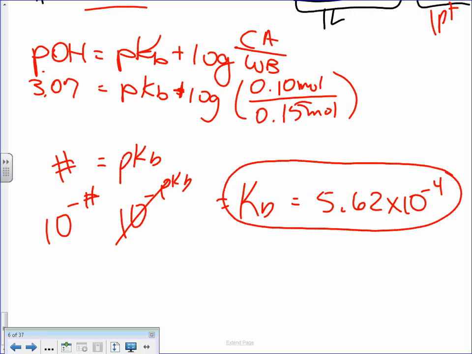So the way I did it might be easier than Henderson-Hasselbalch. I used the Kb expression that we just wrote in part B, and I plugged in my OH concentration that I had already calculated, and the concentration that I just got in part 3 for my conjugate acid, over the 0.15 molar for the conjugate base remaining. Same answer. So you can just plug everything into your Kb expression as well and get Kb. Okay, yes.